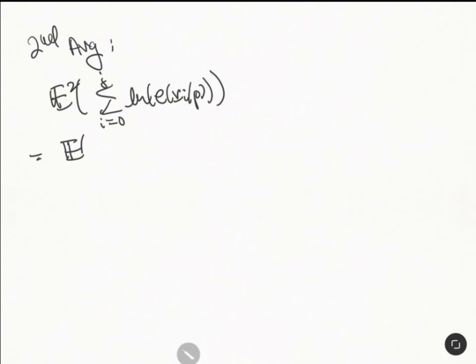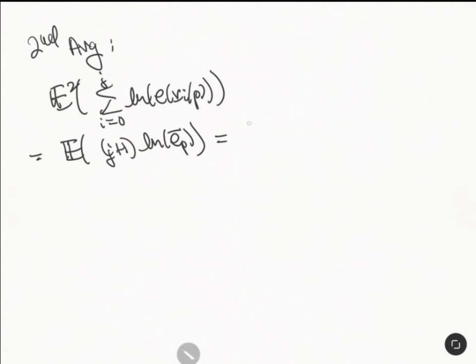Right, so we're going to do the expectation over j of this sum, and so this is equal to the expectation over j of j plus 1 times the natural log of E_P bar.